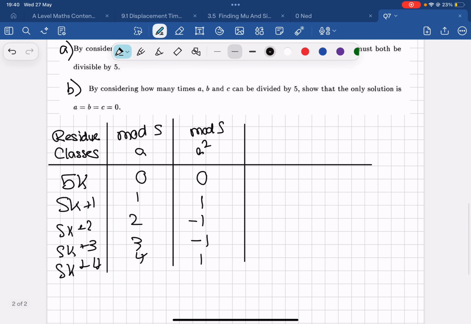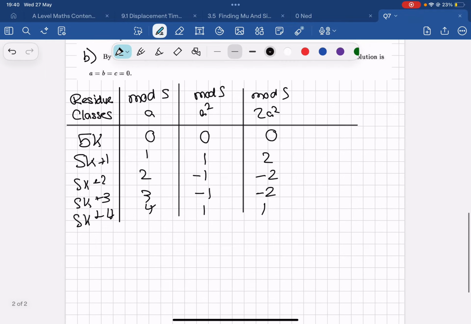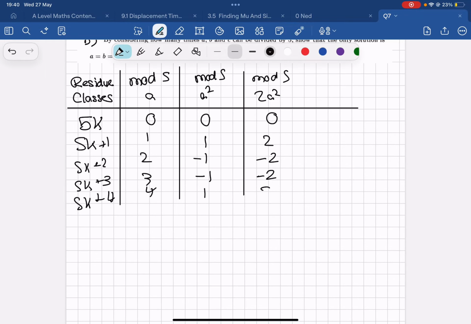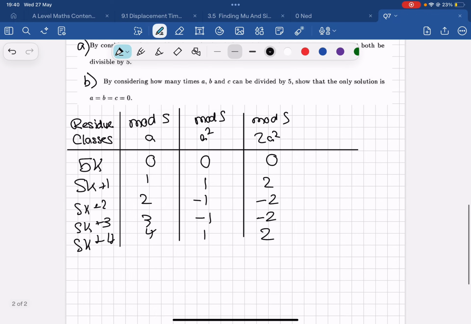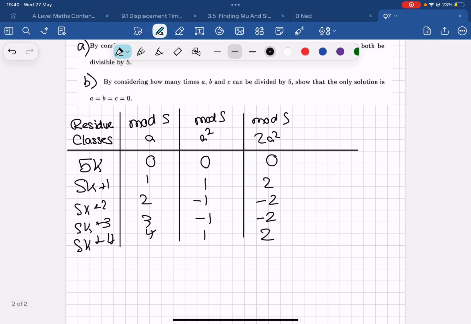Now 2a squared mod 5, so we just get 0, 2, minus 2, minus 2, and 2. Right, we've considered a. Can't really do much with this as of yet.